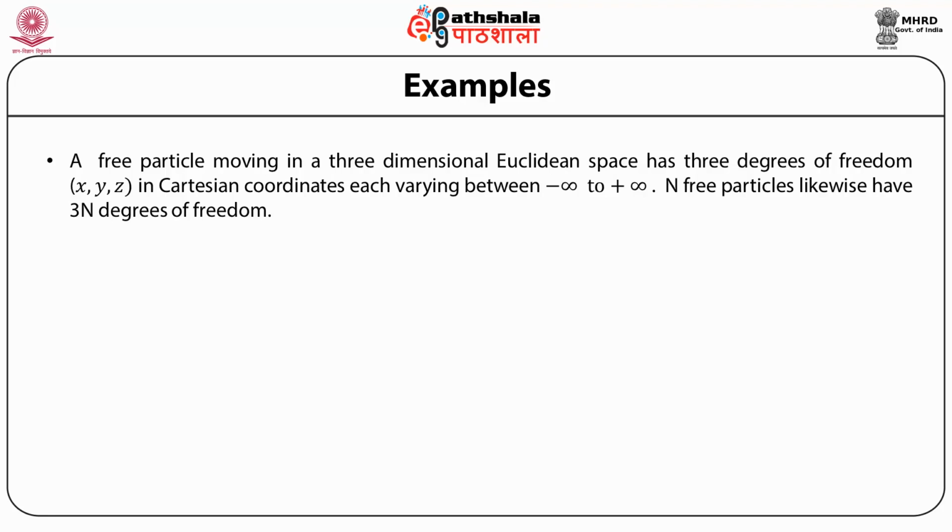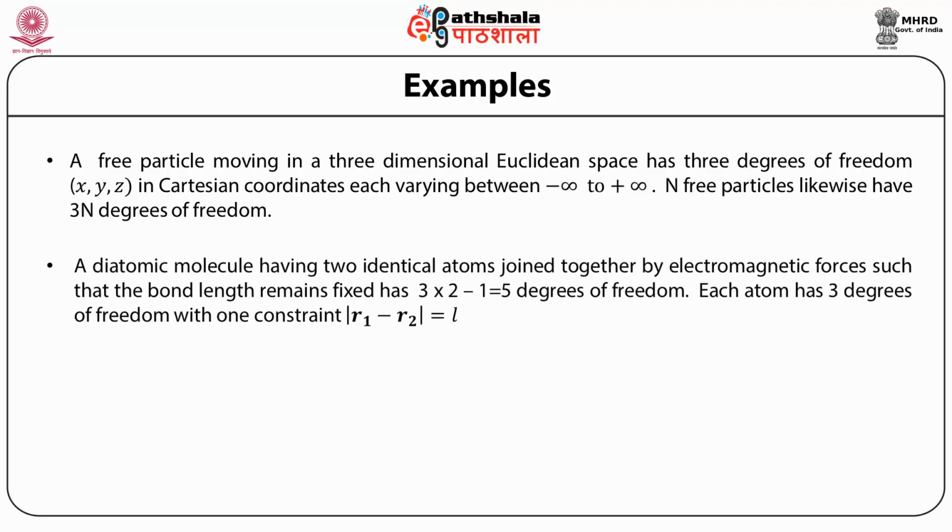Now, if we have a dynamical system consisting of n free particles, then its number of degrees of freedom is obviously 3n. Now, consider a diatomic molecule having 2 identical atoms which are joined together by electromagnetic forces such that the bond length remains fixed. So, how many degrees of freedom does it have? There are 2 atoms.